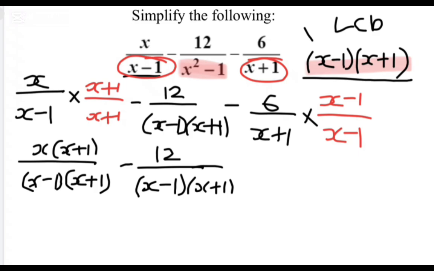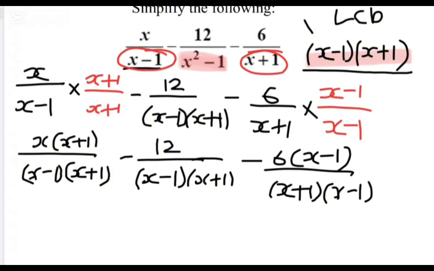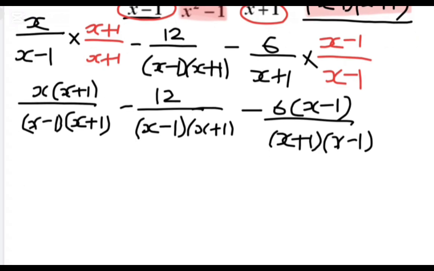We're going to have also a minus, and then we multiply the numerator 6, x minus 1, divided by x plus 1 and x minus 1. As you can see right now, we have the same denominator here. Once the denominator is the same, we can add the top part.